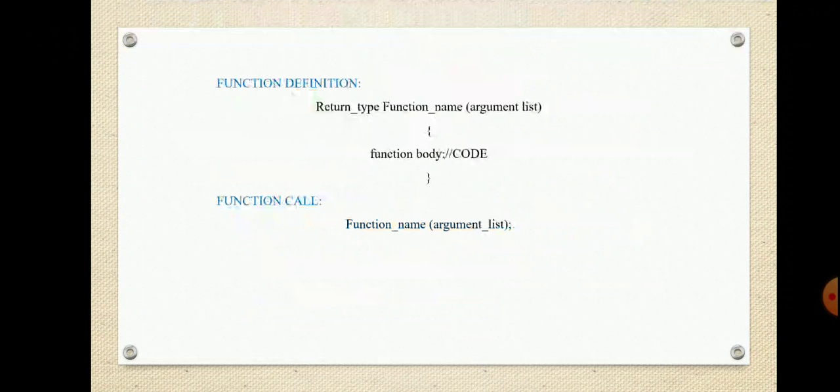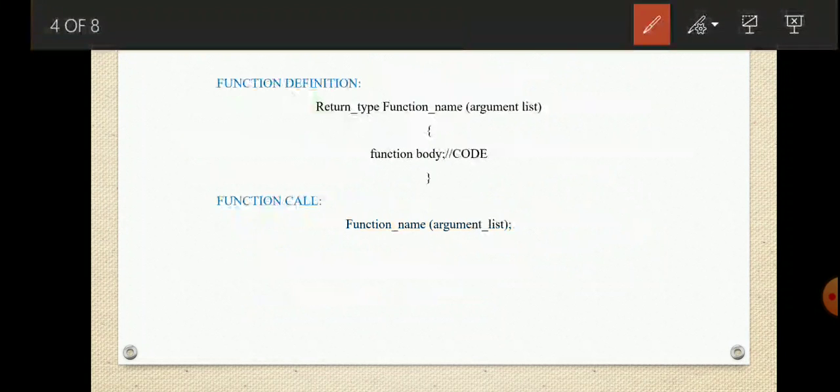Okay, how to define a function, here we will see. For the function definition, we give the return type of the function, the function name, and the argument list. Then the body of the function, the code which you want to execute, comes here. In a declaration the body is not there, we simply declare the function.